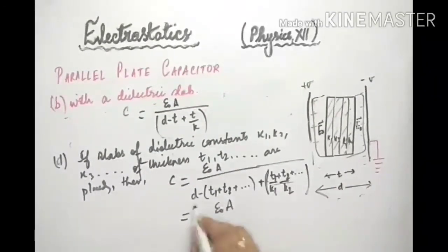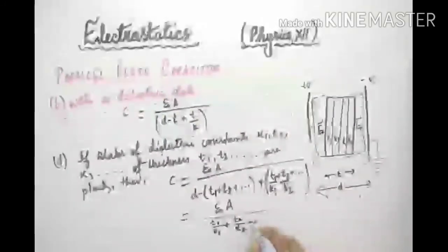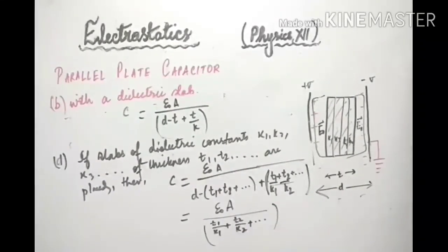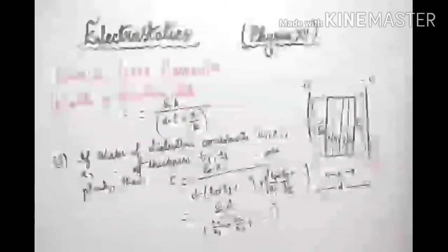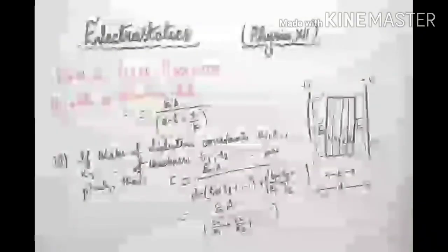So what you will get is d minus d, and what will be left behind is t1 by K1 plus t2 by K2 plus dot dot dot, till the value you have. So again, another important special case, very important for your numericals also. And this proof is very, very important for your boards.